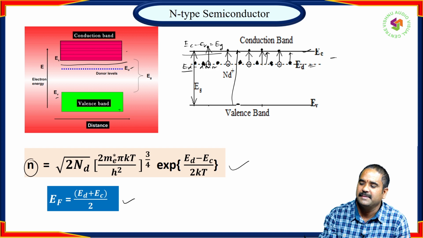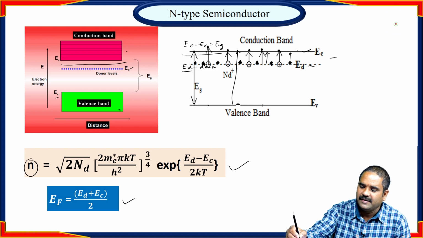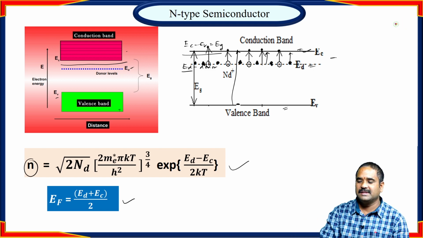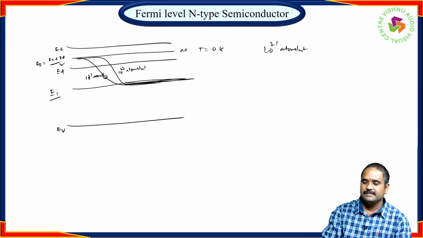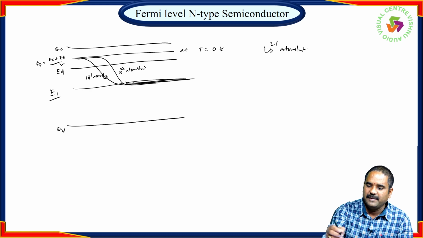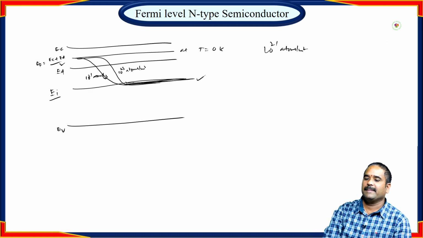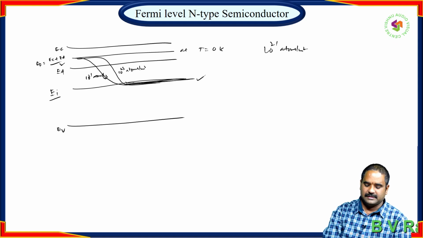So at extremely high temperatures, the density of electrons in the conduction band almost equals the density of holes in the valence band. That is the reason the Fermi level shifts towards the Fermi level of the intrinsic semiconductor. So this is the variation of the Fermi level in an n-type semiconductor.